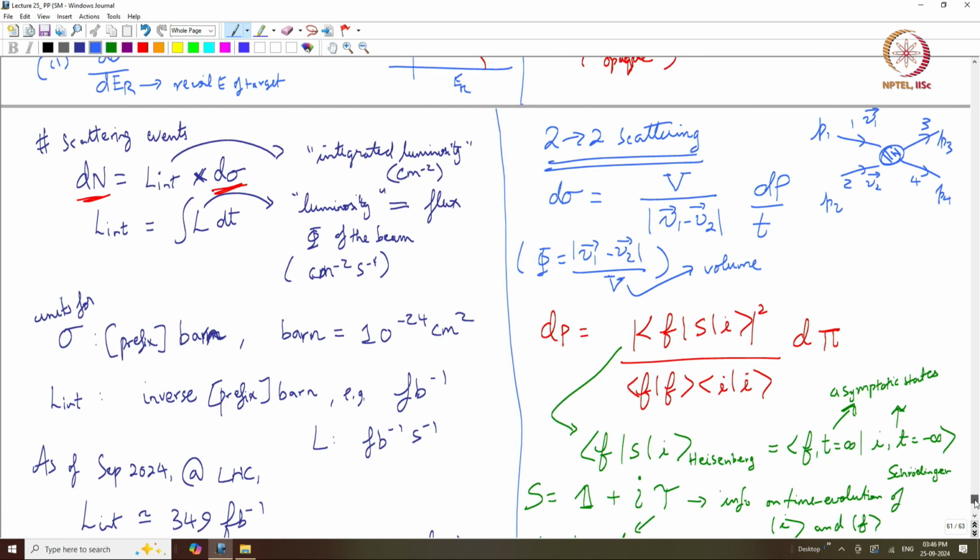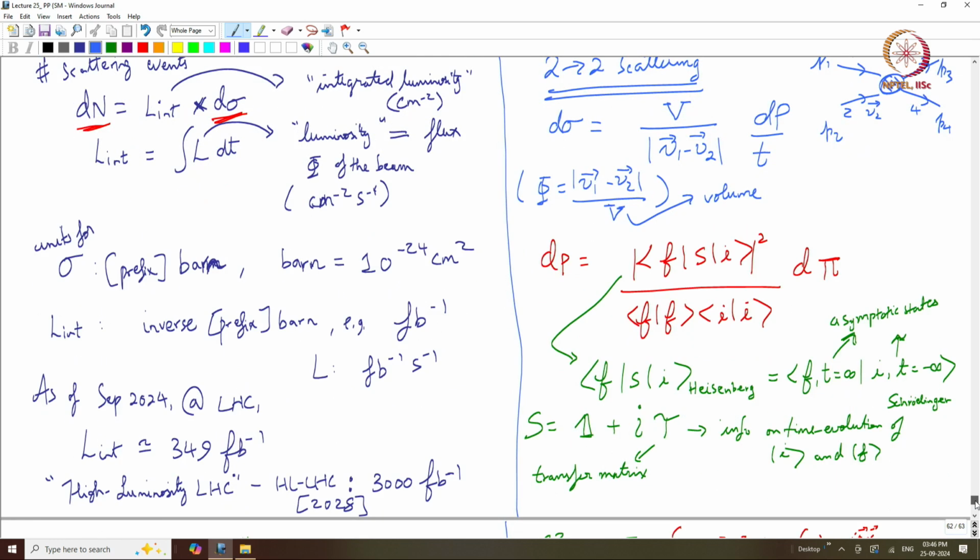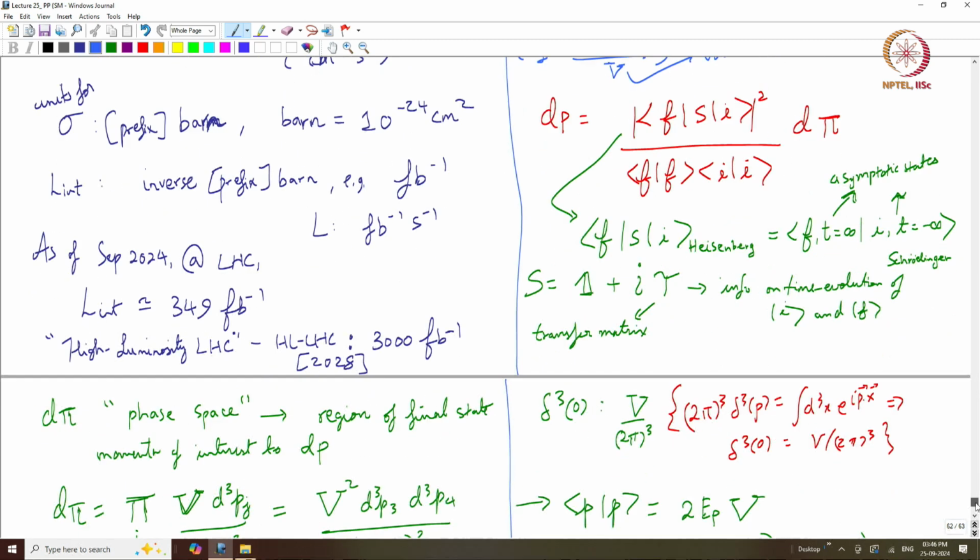So, first we rewrote the flux as the relative velocity of the two particles divided by the volume over which the scattering is happening, and we spent some time working out what this probability is. The probability comes from the transition amplitude squared of course, and then we have to take the correct norm and multiply by the correct phase space.